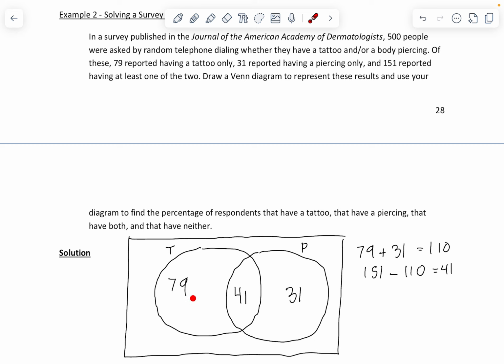I already know those three numbers add up to 151, because that represents the number that have a tattoo or a piercing or both. So what's left is going to be 500 minus 151, which is equal to 349. And that goes out here. So there's my completed Venn diagram.